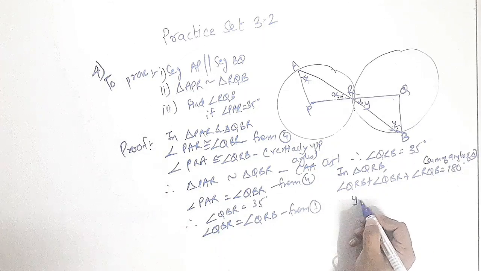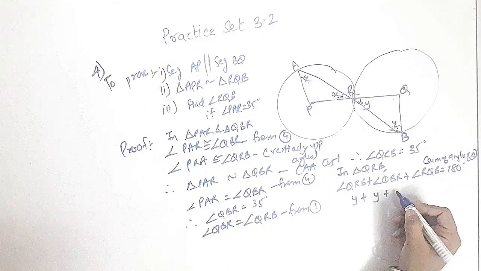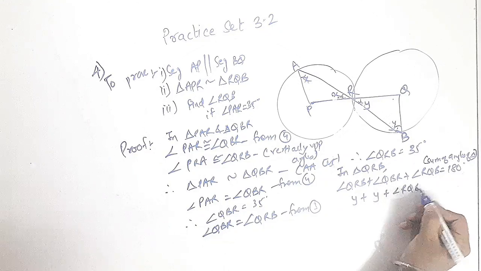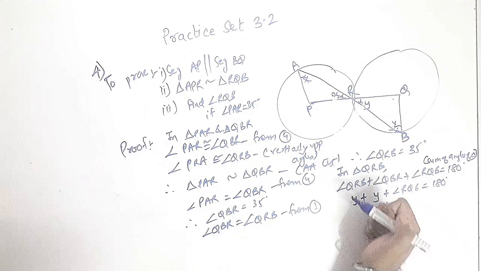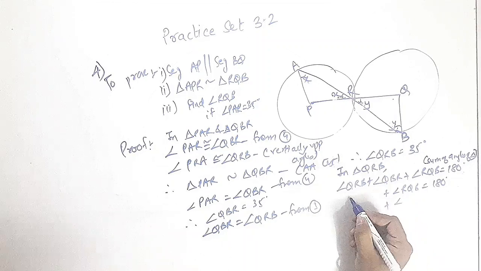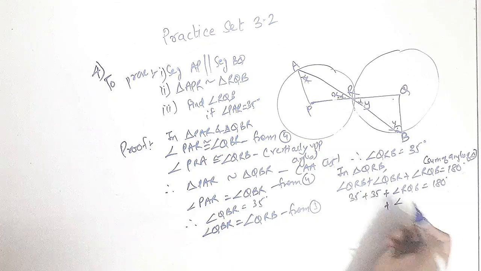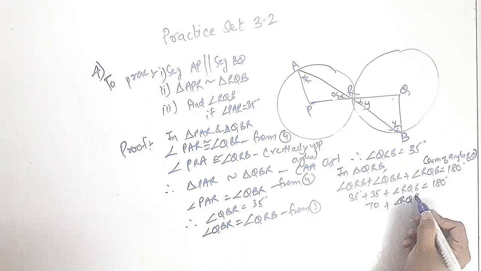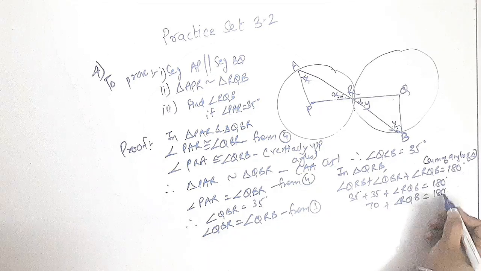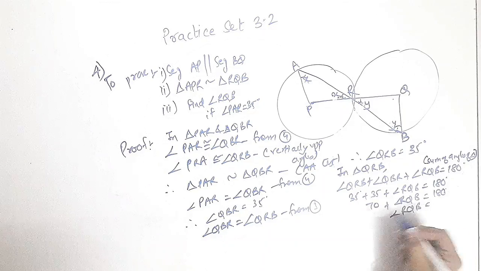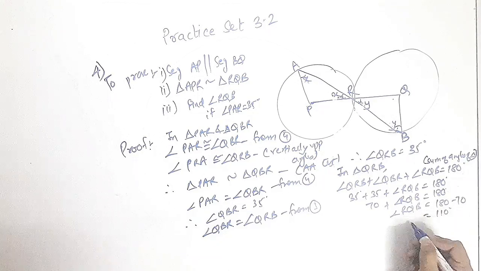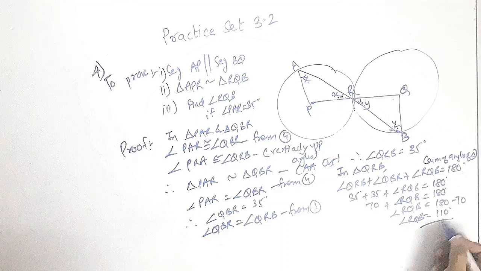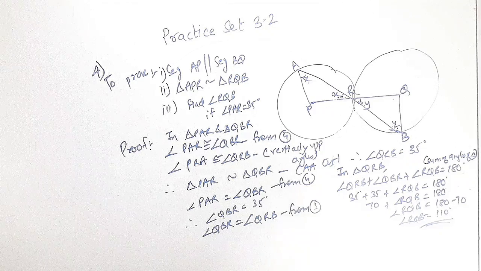So QRB is Y, QBR is Y, RQB we don't know, equals 180. 2Y plus RQB, I'll simply write the measure here, 35 plus 35, so 70 plus RQB is equal to 180. Angle RQB, 70 will go there, it will be minus 70, so it will become 110. So RQB is 110 degrees.